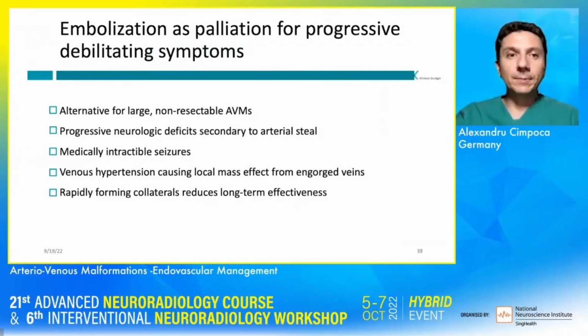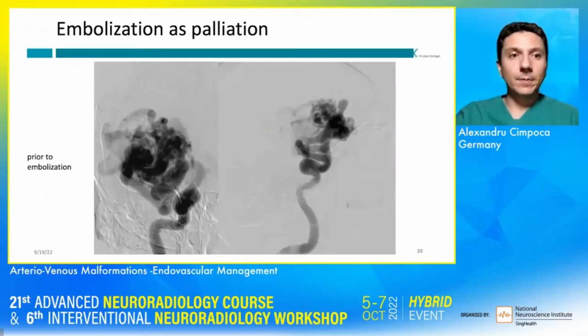Palliative embolization makes sense for very large, non-resectable AVMs. Like in this case here, you can see this monstrous AVM on the right side.